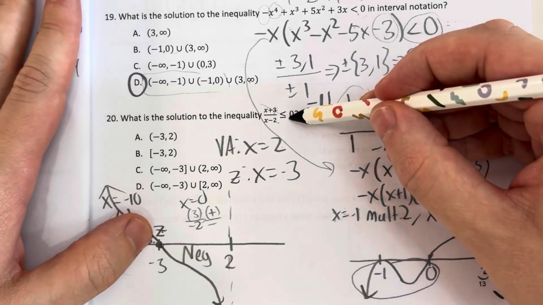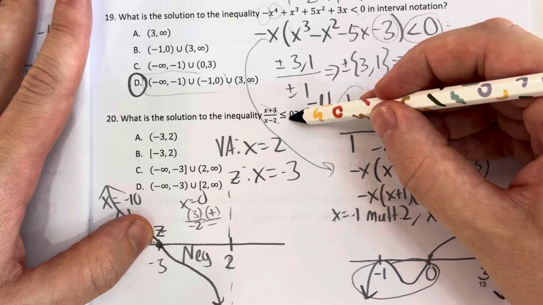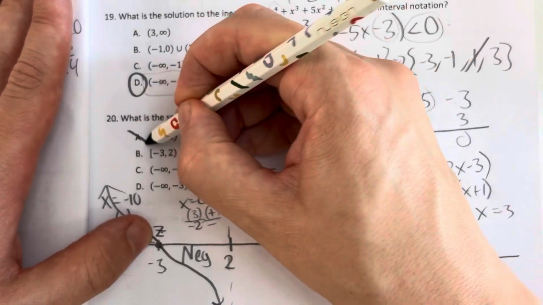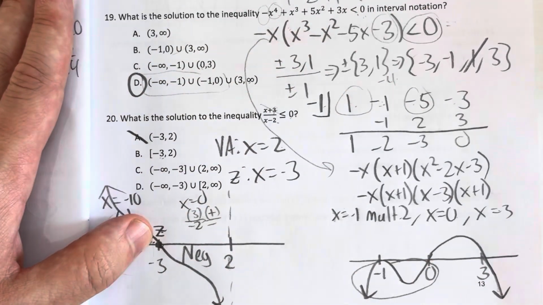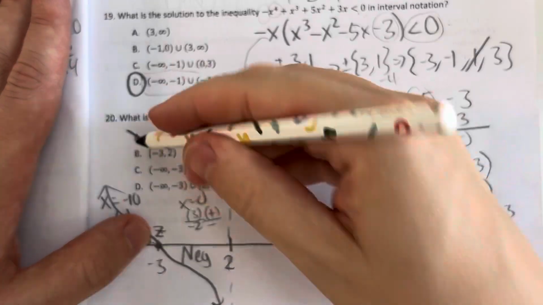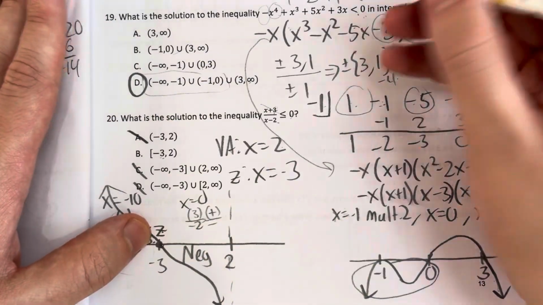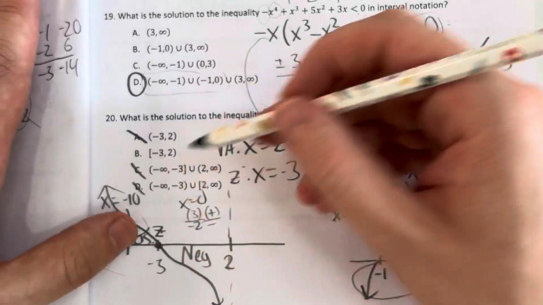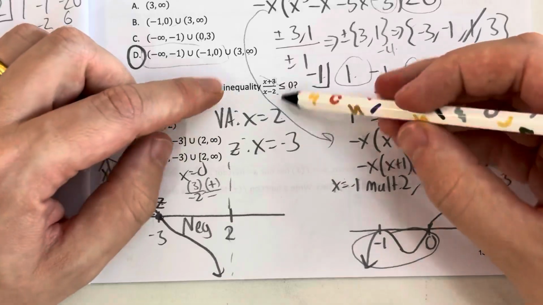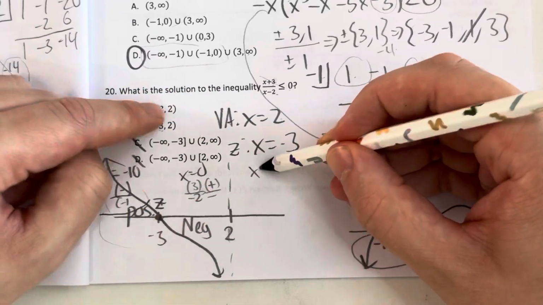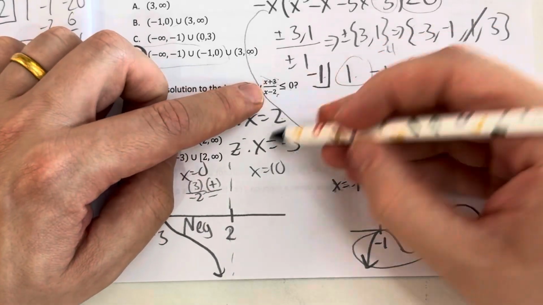We want it less than or equal to 0. So it's not going to be this because it is 0 at negative 3. And it's not going to be these ones either. We already know the answer because it's not negative over here. But let's just check for completeness. If we plug in something big like positive 10, we get positive over positive.